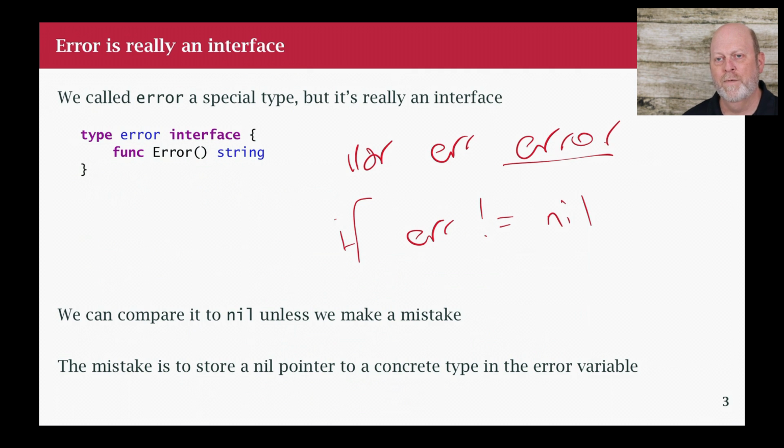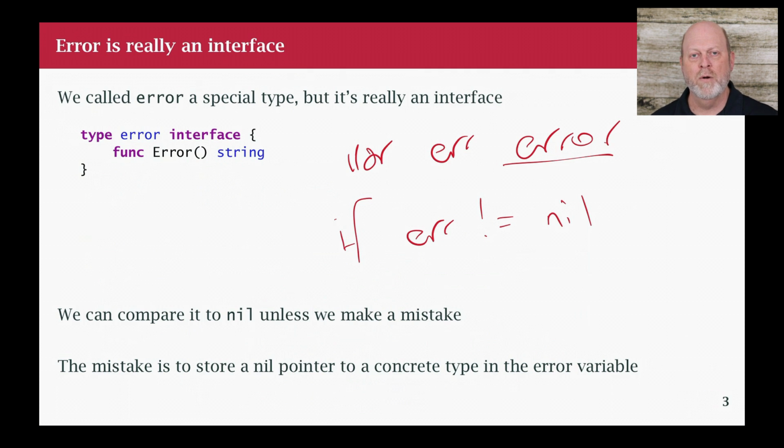Now, the reason it's an interface is because sometimes we customize errors. I could just say, hey, an error is always a string. Just shove a string into the error and be done with it. But then you look at certain kinds of errors where you want to report more information. So you have some sort of type that encapsulates a bit more knowledge, or in some cases, people want errors with a traceback. And there are ways of creating errors with a traceback, not using the standard library, but using some extension packages.